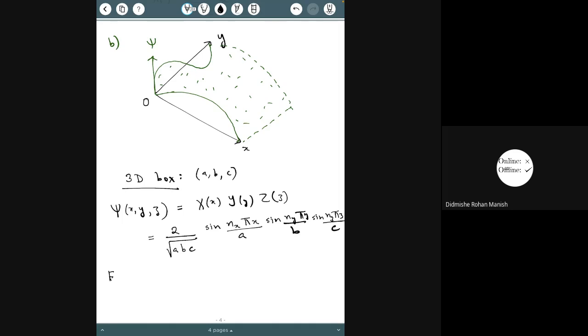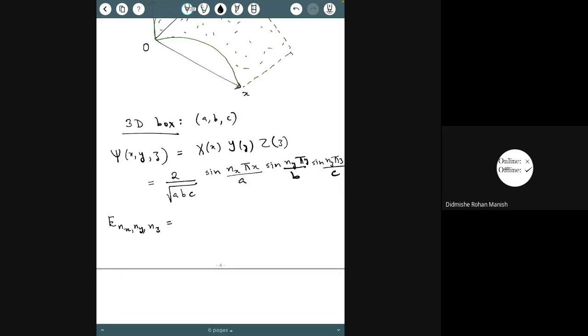And your E will now depend upon nx, ny, and nz. This will be equal to h squared by 8m times nx squared by a squared plus ny squared by b squared plus nz squared by c squared.